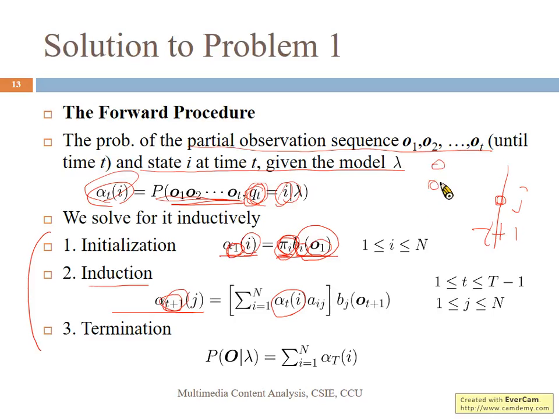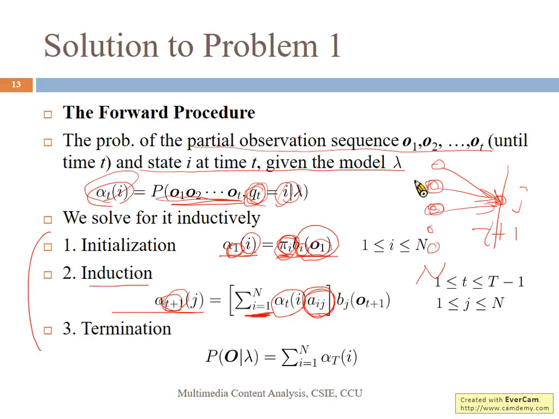And what state can jump to state j? Actually, we have n possibilities. We can jump from this to this, we can jump from this to this, we can jump from this to this, and so on. So here, we sum over all possible states i. And if we jump from state i to j, the transition probability is a i j.